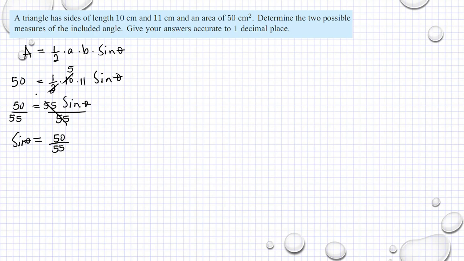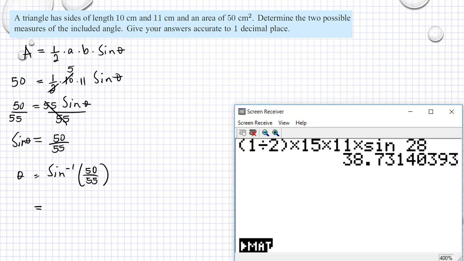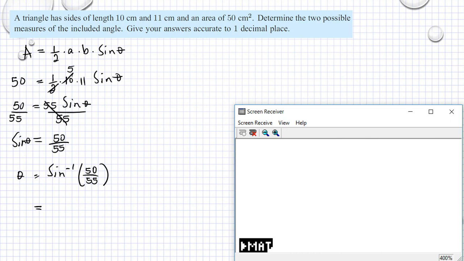Okay, and then we have theta is equal to arc sine of 50 divided by 55. On my screen, we have arc sine of 50 divided by 55.